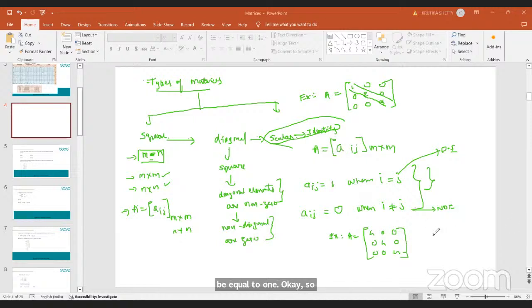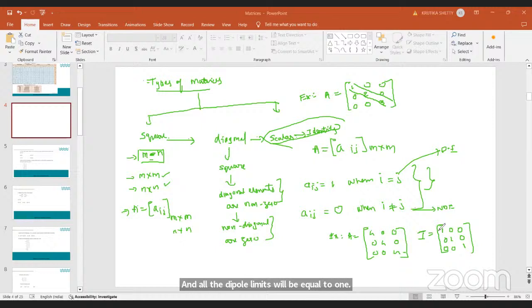See here, I'll write the example of an identity matrix, you will get it clearly. So the identity matrix is 1 0 0, 0 1 0 and 0 0 1. We use a special letter to indicate the identity matrix, that is capital I, and all the diagonal elements will be equal to 1, non-diagonal will be equal to 0.